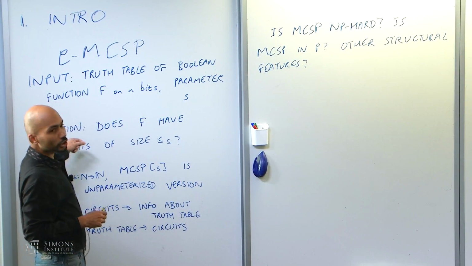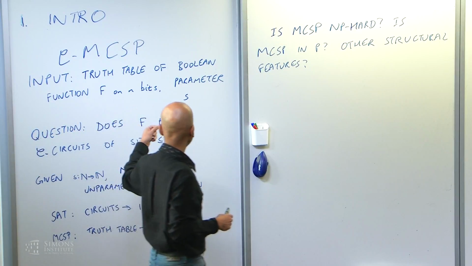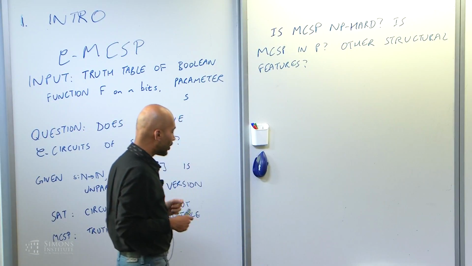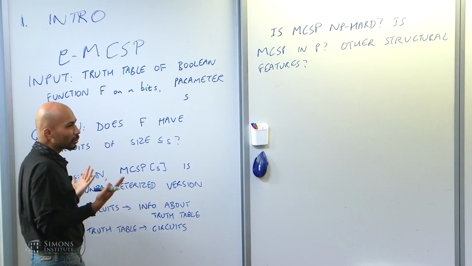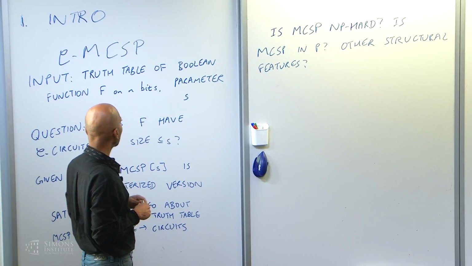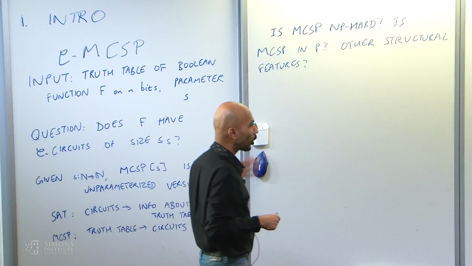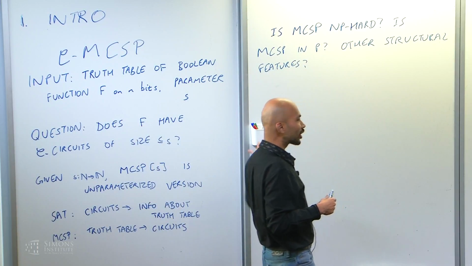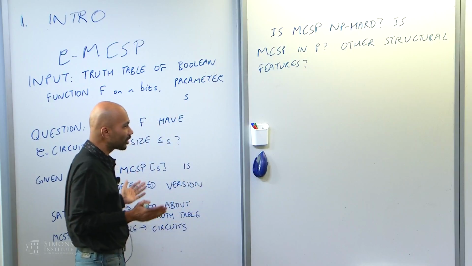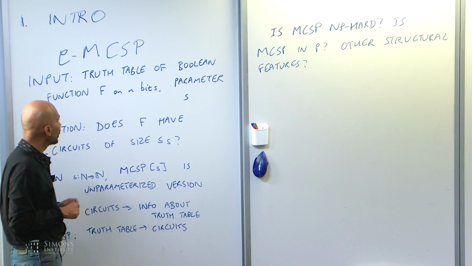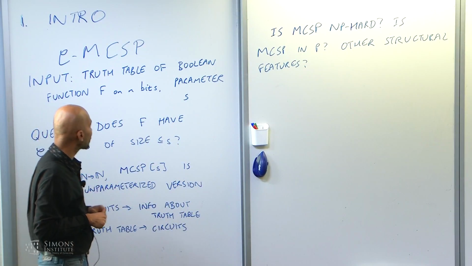This is the decision version of MCSP, where you're asking whether F has small circuits. There are also several other questions you could ask. You could, for example, ask, given the function, what the smallest circuit size is. That's the optimization version, and if you can solve the decision version, you can use binary search to solve the optimization version. You could also ask the search version.